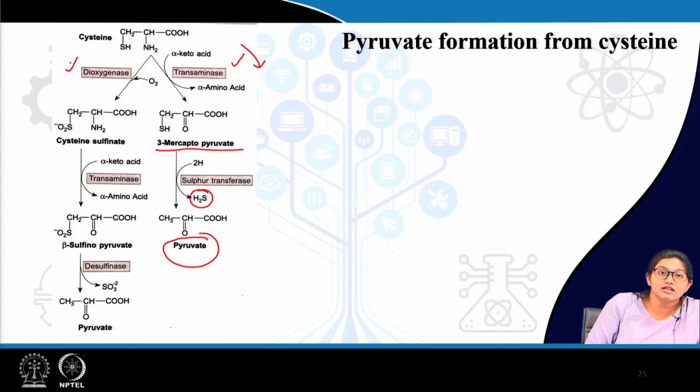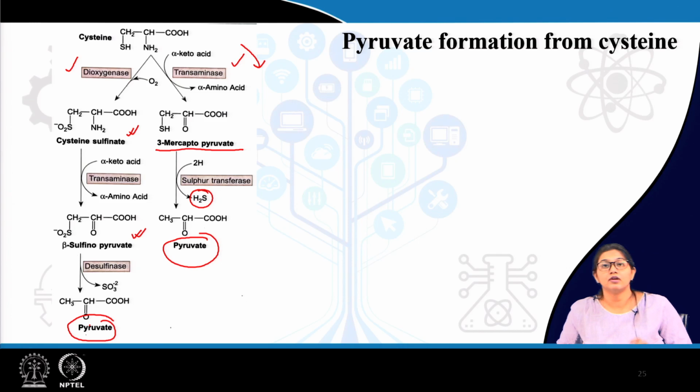Here you can see there is formation of cysteine sulfinate that forms sulfinopyruvate, and finally pyruvate is formed. So, this is how pyruvate is formed from cysteine. Once again remember, methionine and cysteine, both sulfur containing amino acids, can contribute to the TCA cycle, that is why they are glucogenic amino acids. Cysteine forms pyruvate, whereas methionine forms succinyl coenzyme A.